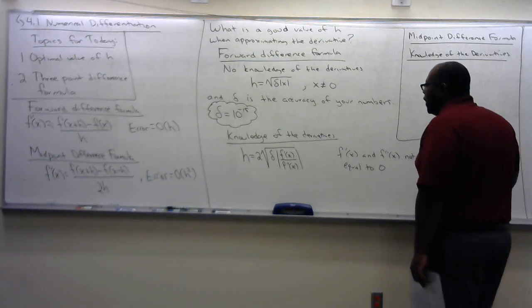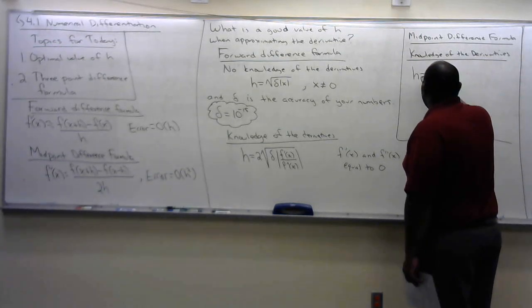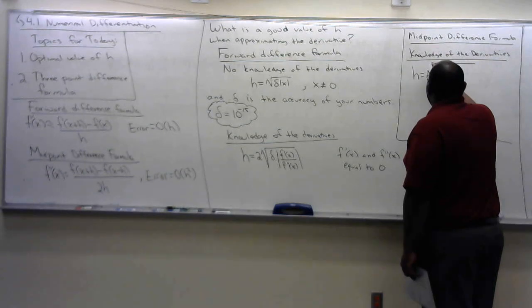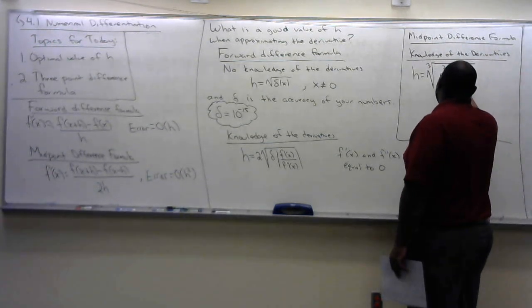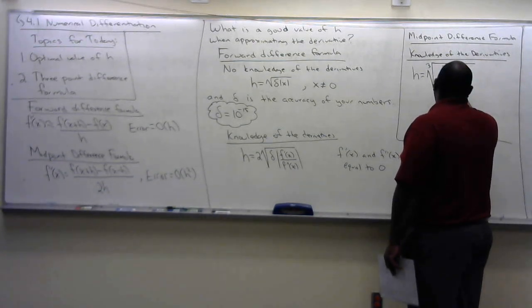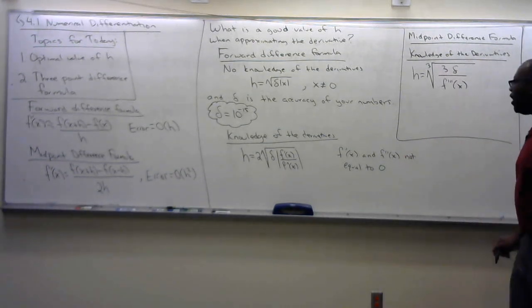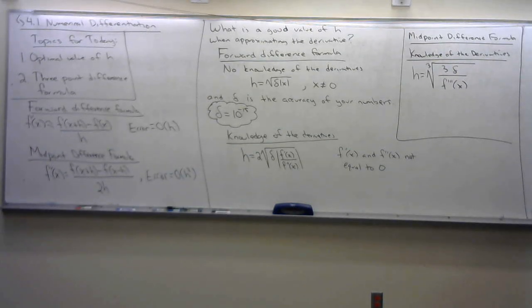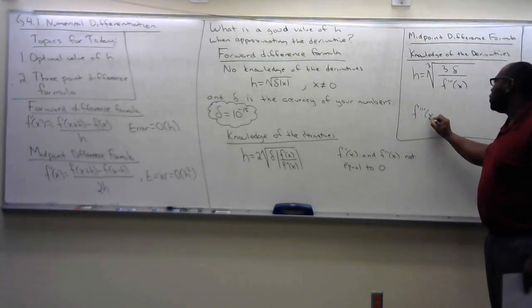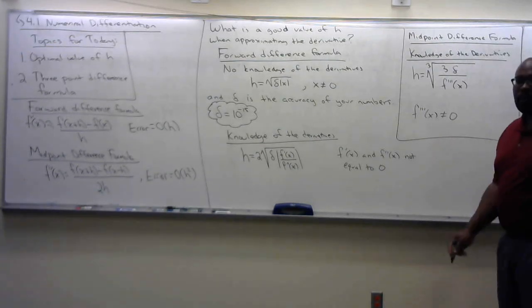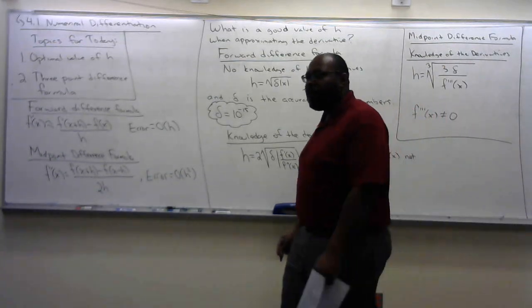Then here I use that h is equal to the cube root of 3 times delta over f triple prime of x, where f triple prime of x does not equal 0. This is what I want to make sure doesn't happen.